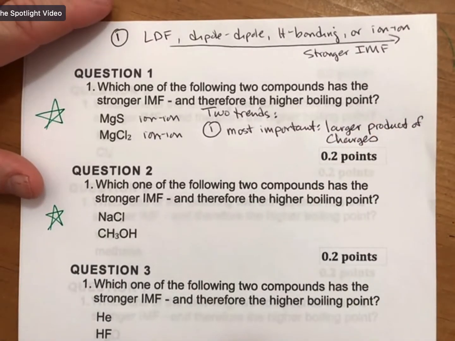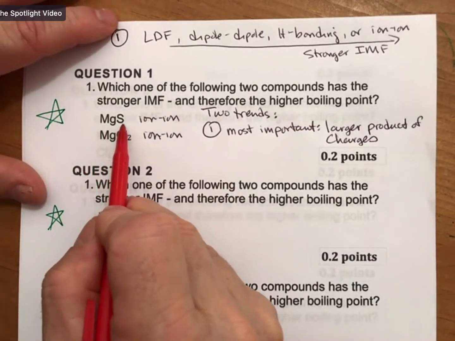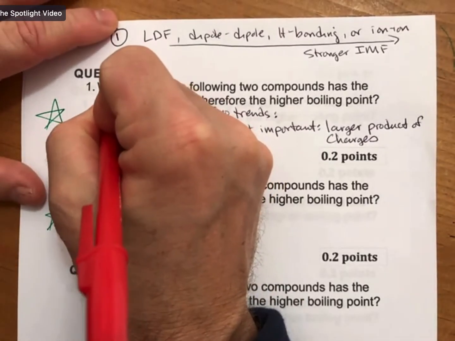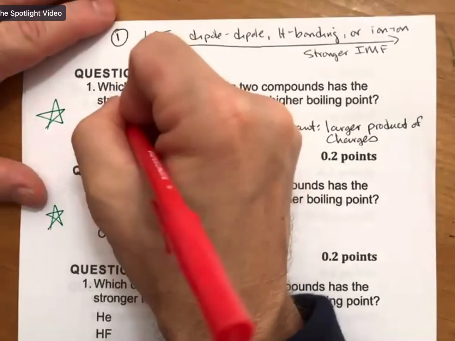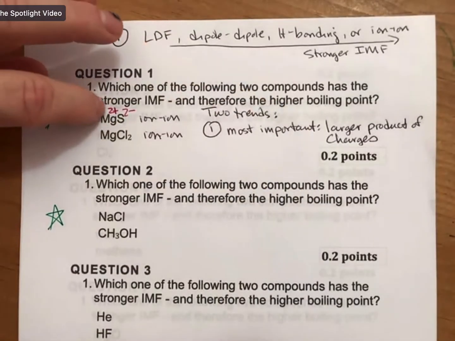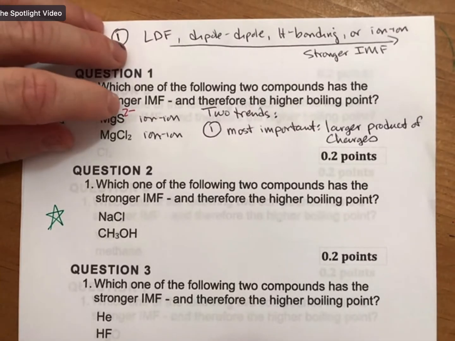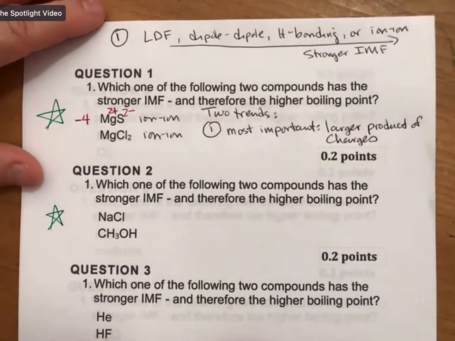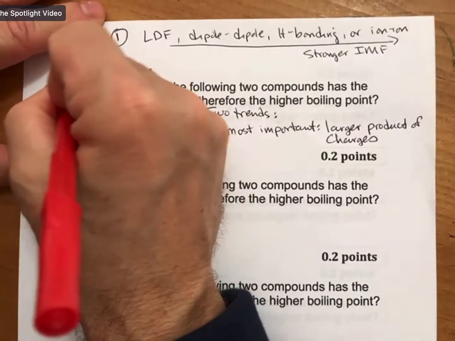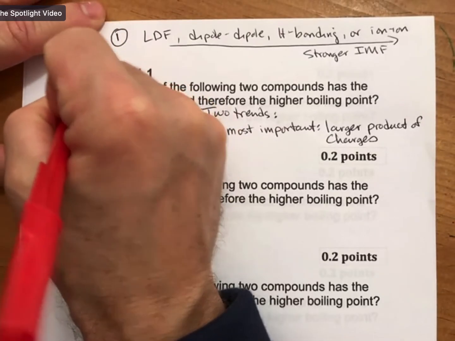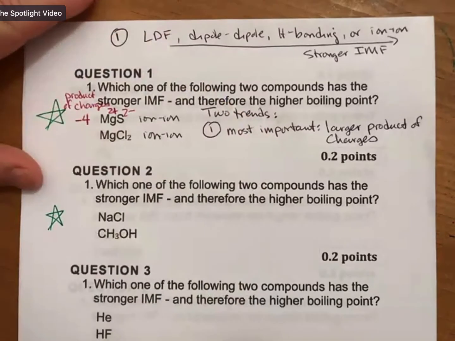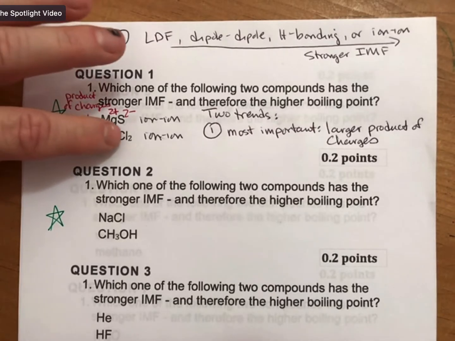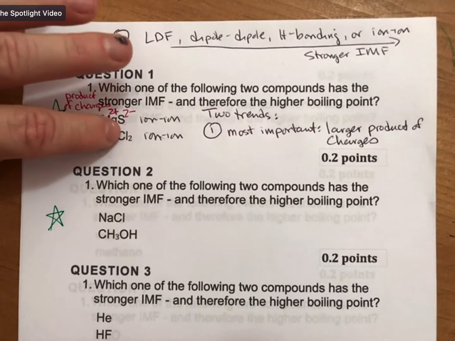and what I mean by that is if we look inside magnesium sulfide, we can see that magnesium is a 2+ ion, sulfide is a 2- ion. The product of those is 2 times -2, which is -4. Magnesium chloride is, magnesium is still +2, chloride is -1.